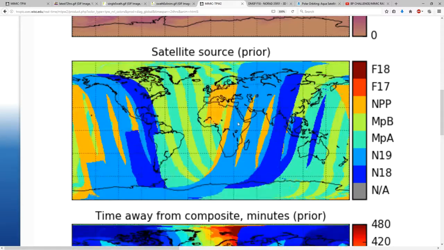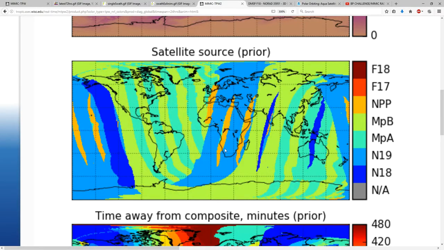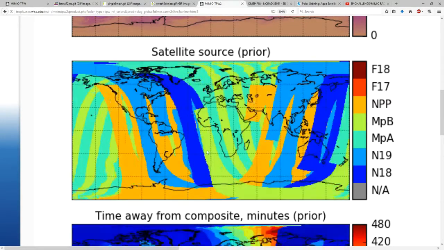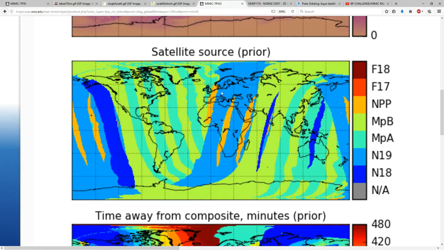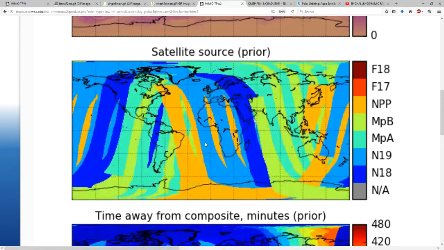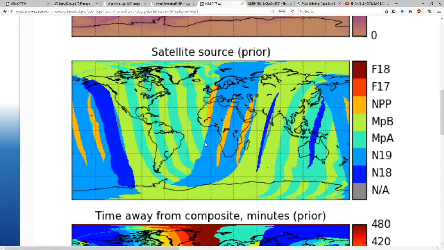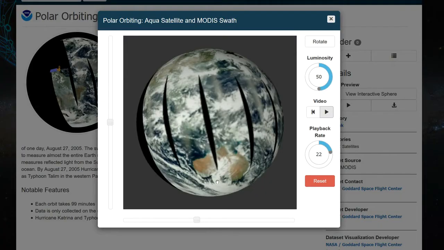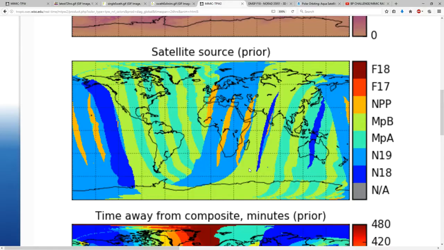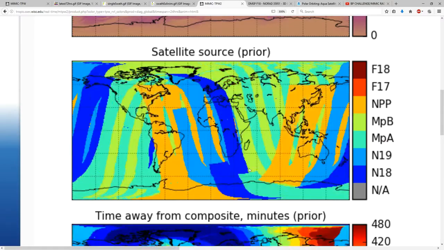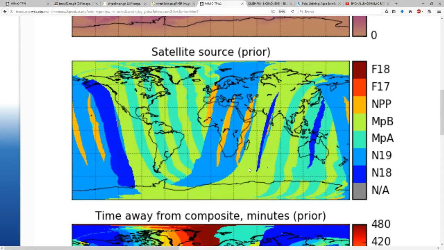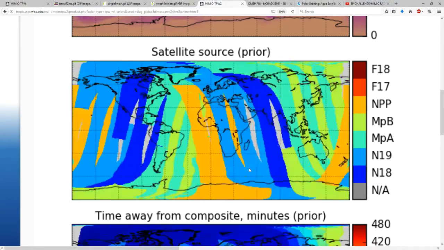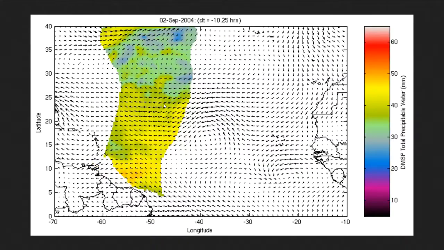So anytime you see waves appearing in those MIMIC images and movies, you now understand that it's a loss of data or a gap in the data, such as here, caused by the spacecraft that are orbiting in these polar orbits. It's just a loss of data, and they try to make up for it by morphing the data.